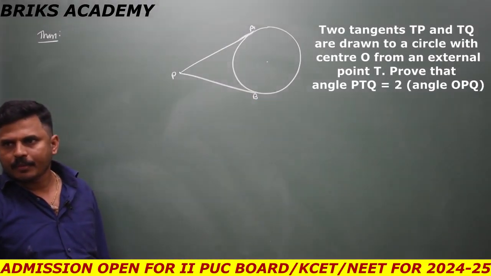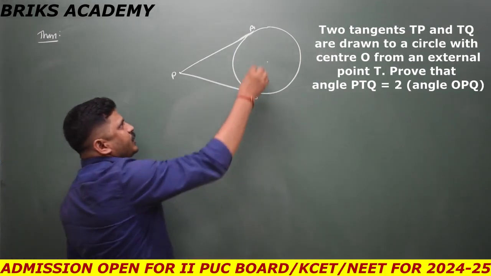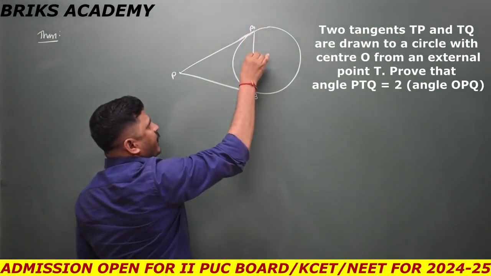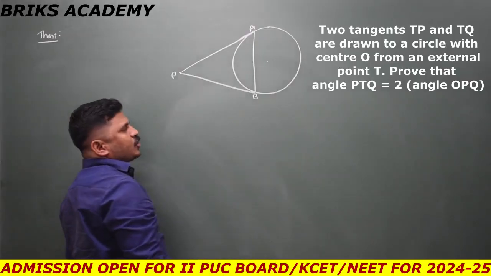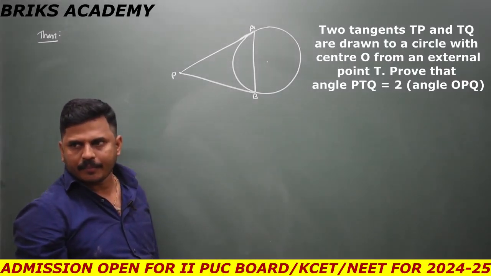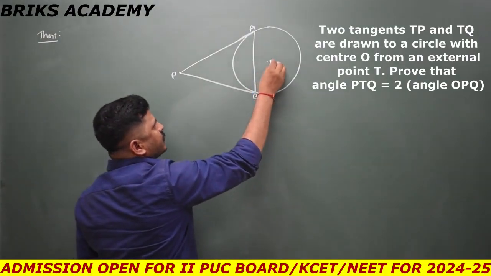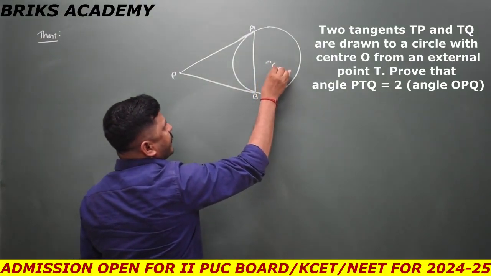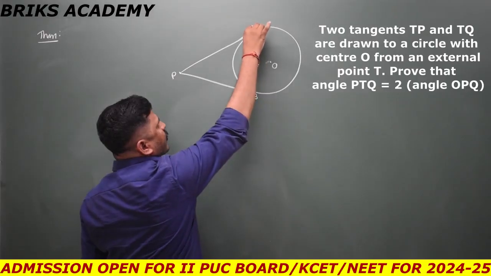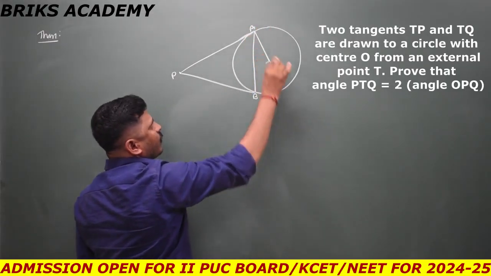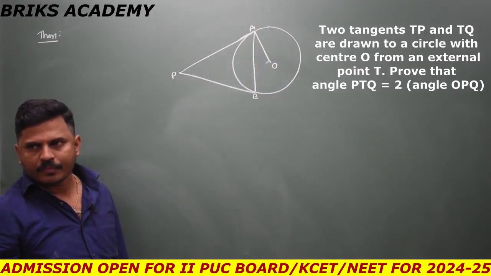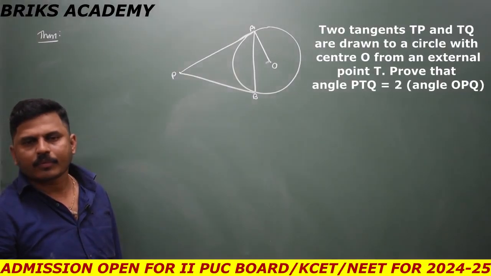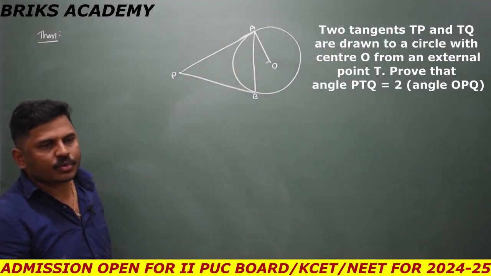They joined AB. Then, if I take this as a center, they joined OA. What do they ask you to prove?